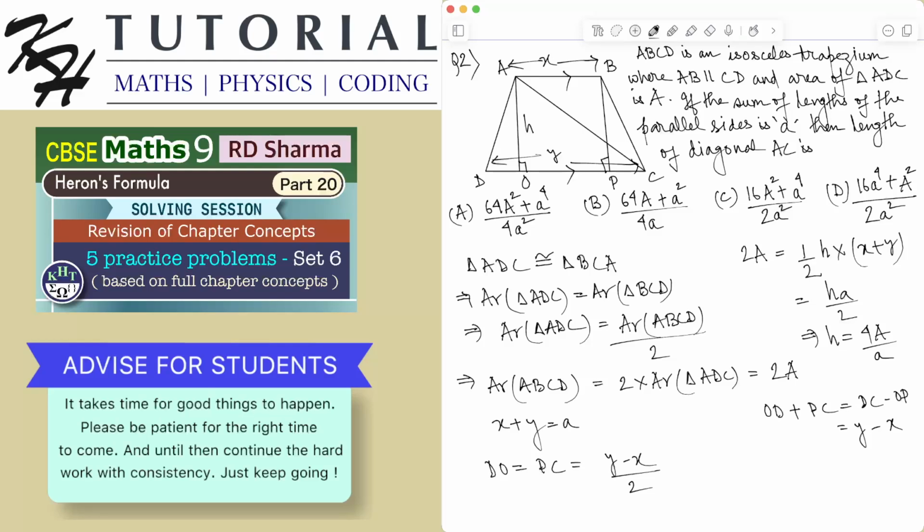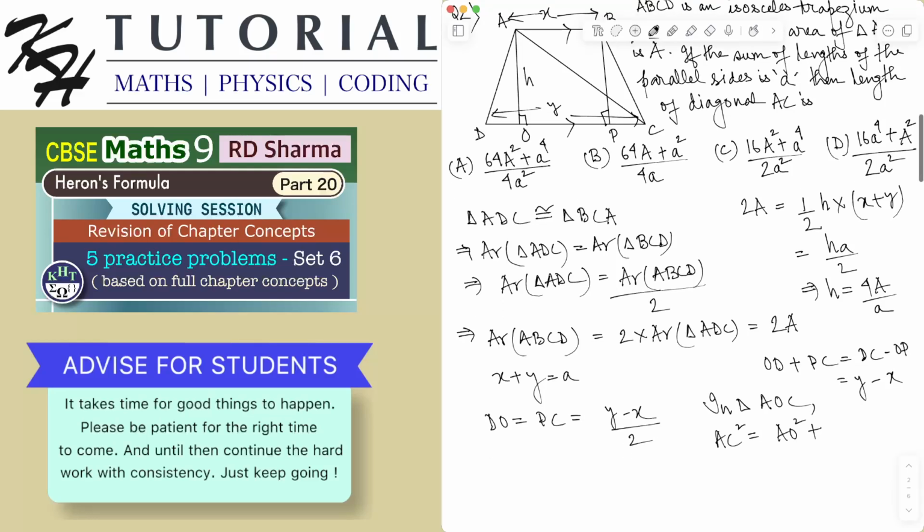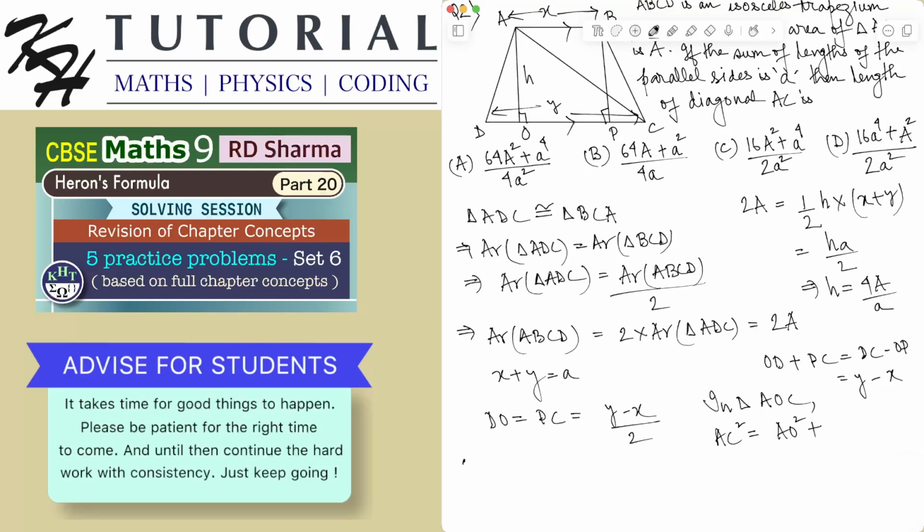Okay. So now in the right angle triangle AOC, AC square will be equal to AO square plus OC square. I need OC. So what is OC?